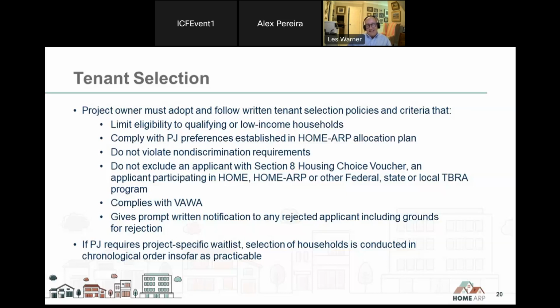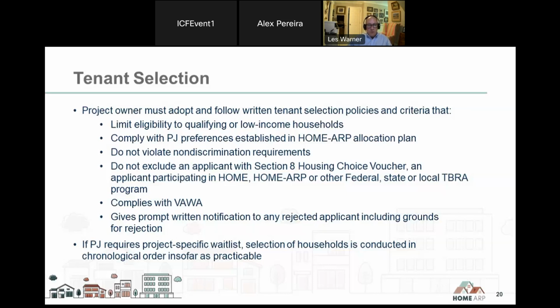That would be something that's already standardly required for your HOME projects, and each PJ would have that criteria in place already. And so we may need to be communicating with property managers for HOME-ARP projects who might not be familiar with VAWA, that's also going to be a requirement.